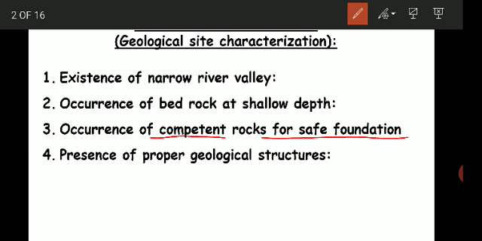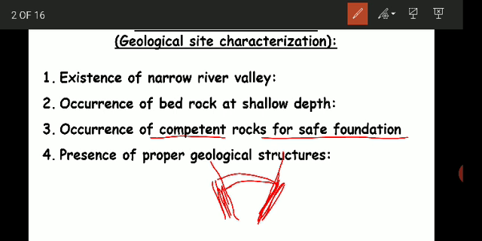Then there are a few points like the abutments of the dam. Abutments means, suppose this is a valley and this is a dam, so the maximum load will be on the abutment. So this is the abutment, that is, the sloping sides of the valley are called the abutment.